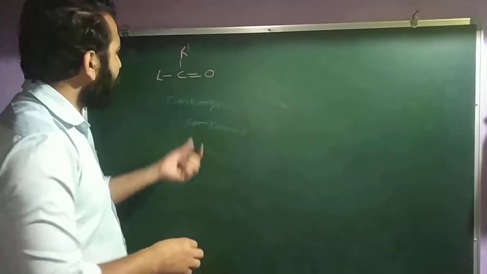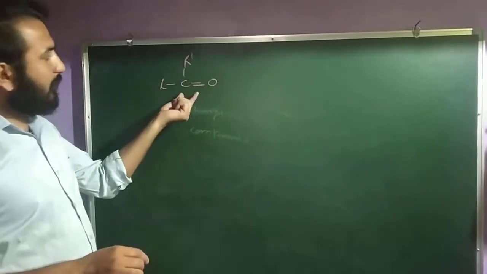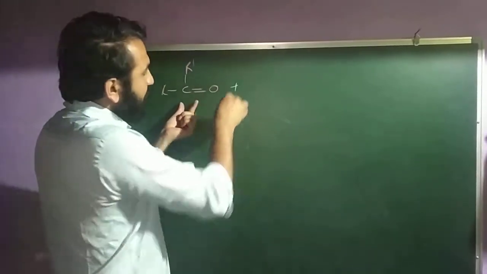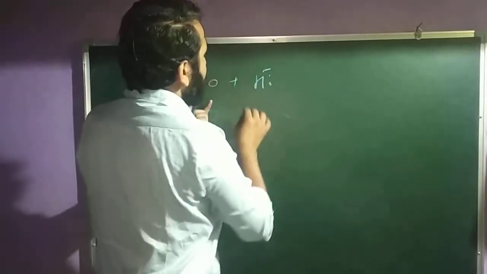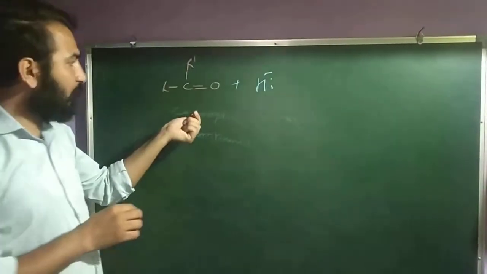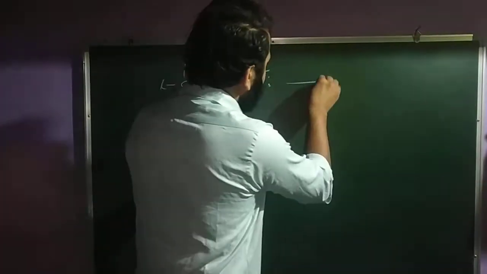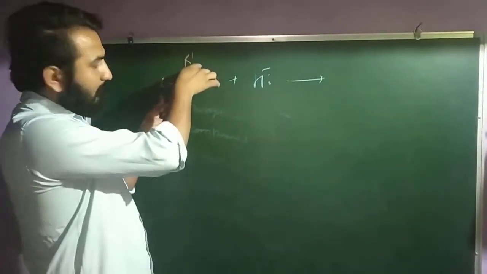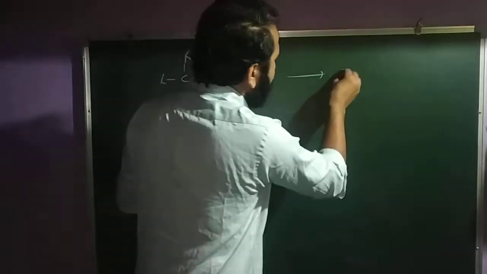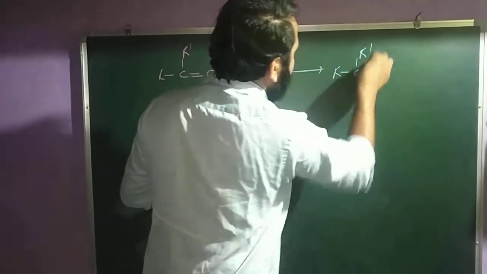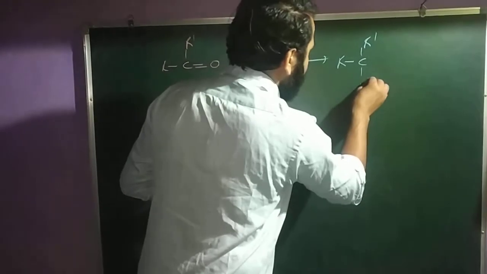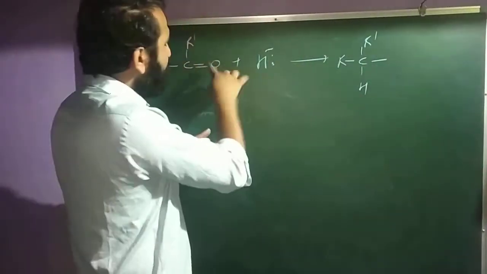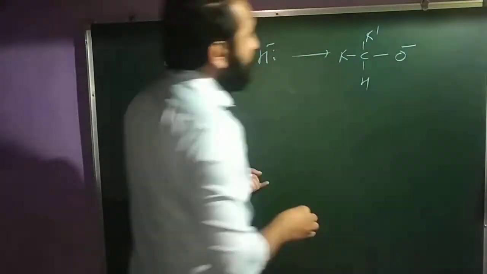So let's see. This carbonyl compound first adds the hydride ion to form the alkoxide ion. R, R', and this H is added here, and it becomes O negative.